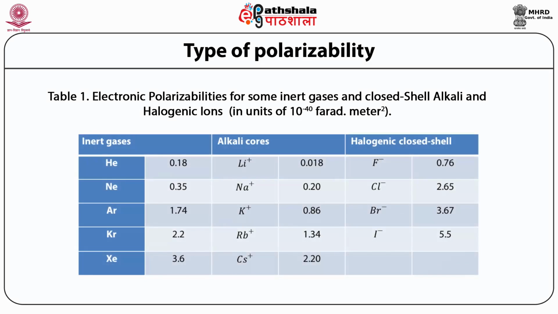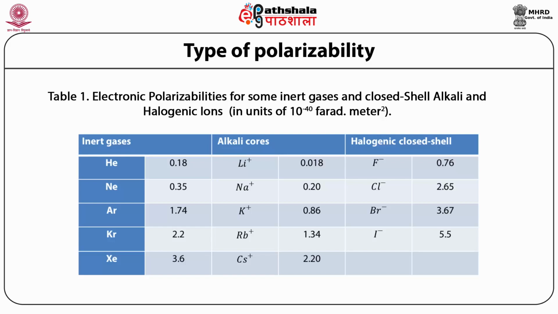Table 1 summarizes the electronic polarizabilities for some inert gases and closed shell alkali and halogen ions, in units of 10 to the power minus 40 farad meter squared. We have many inert gases like helium, neon, argon, krypton and xenon, and you can see that the polarizability varies from 0.18 for helium to 2.2 for krypton.